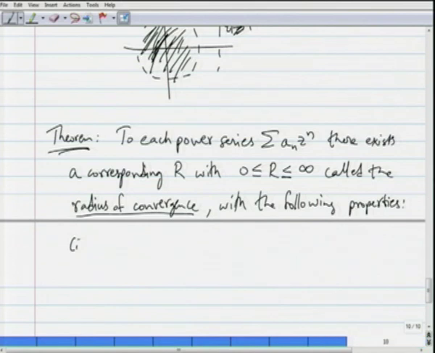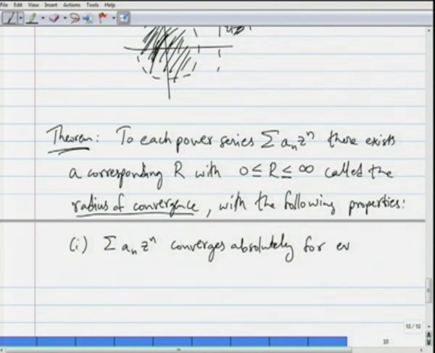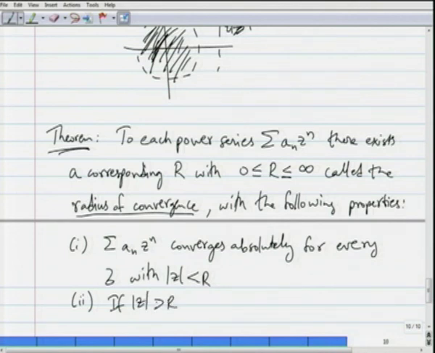1. Sigma a_n z^n converges absolutely for every z with modulus of z strictly less than R. And if mod z is greater than R, there is a different behavior.